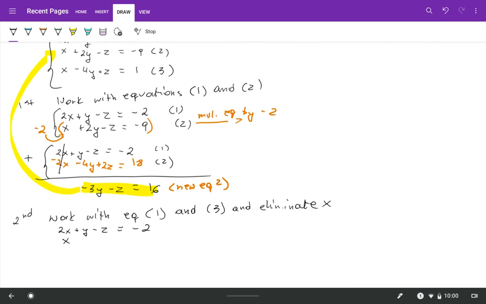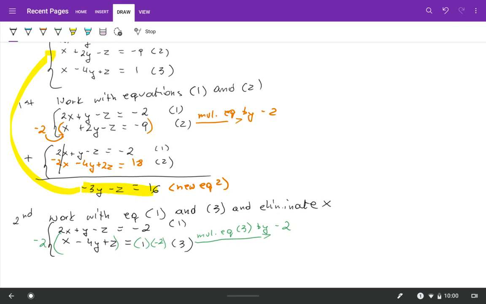Equation 3 is x minus 4y plus z equal 1. We're going to eliminate x. In order to eliminate x, I would like to have in front of x from equation 3 negative 2. So we're going to multiply the entire equation 3 by negative 2, of course the left side and the right side.